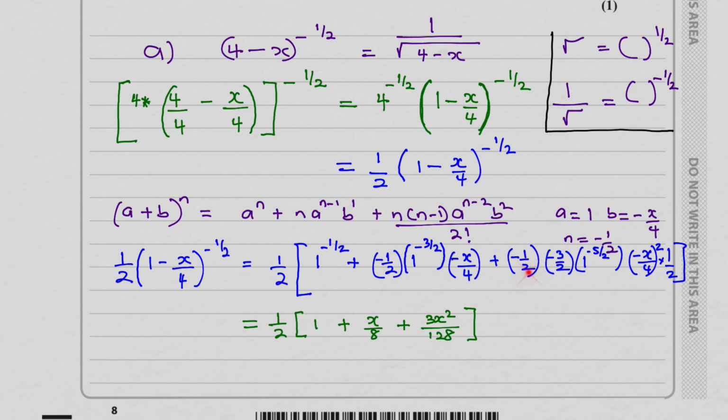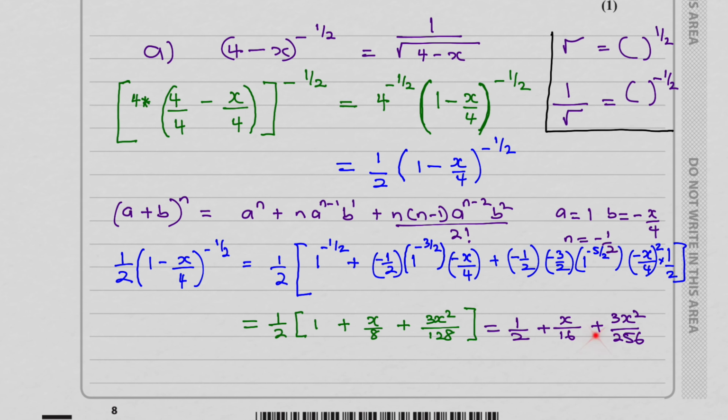The denominator here is 2 times 2, that's 4, 4 times 4 is 16, 16 times 4 is 64, 64 times 2 is 128. So if I expand this bracket, a half times 1 is a half, plus 2 times 8 is 16, so that's x over 16, and 2 times 128 is 256. So that's the expansion, the first 3 terms of that function.